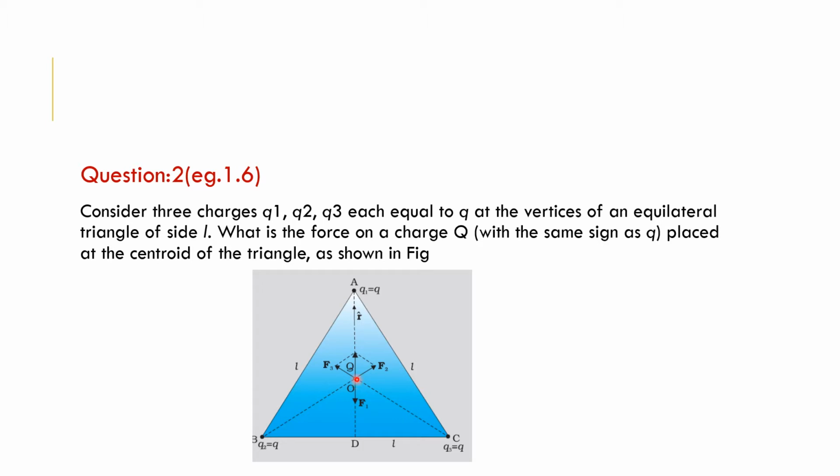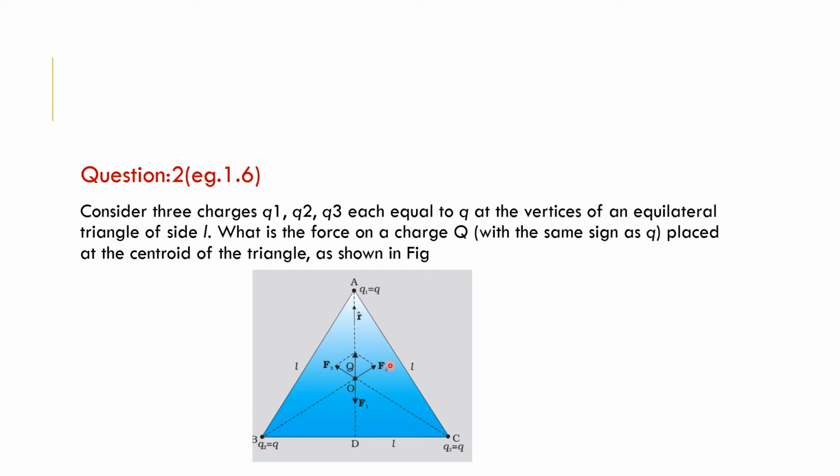Similarly, force on charge Q due to q2 also will be away from Q. This is F2, along the same line and away, repulsive. Similarly, force on Q due to q3 will be in the direction away, same line but away from Q, that is repulsive. So all these three forces are repulsive in nature, F1 in this direction, F2 in this direction and F3 in this direction. So how do we find the net force acting on Q due to this F1, F2 and F3?